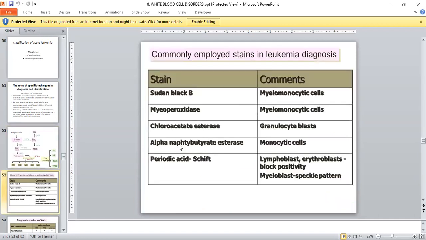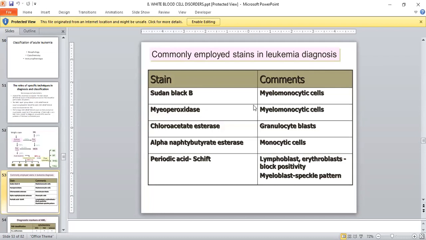So the stains involved: Sudan Black B, myeloperoxidase. You can also have chloroacetates, alpha naphthyl butyrate esterase, or periodic acid Schiff.